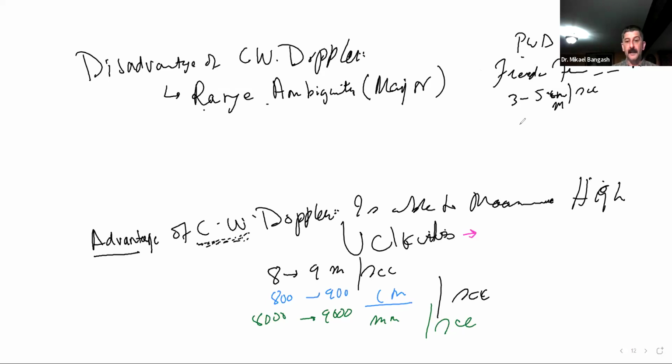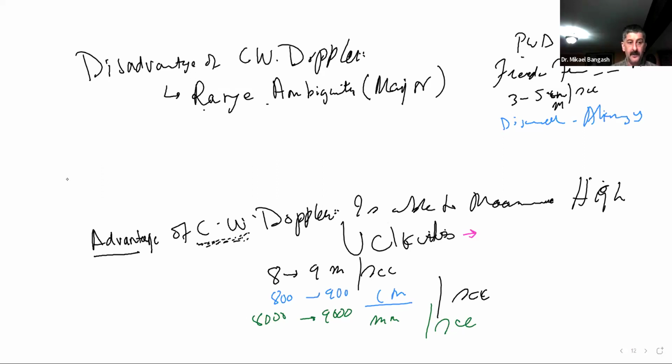But there was a disadvantage in the pulse wave Doppler which we don't see in a continuous wave, and that was mainly due to the low speeds, because that led to aliasing.